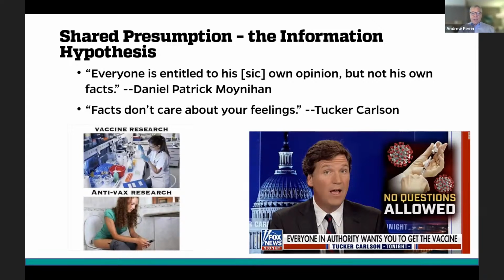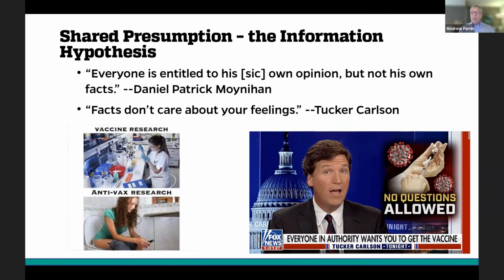Right, so this is a shared presumption. And again, I want to argue that the evidence from social psychology and political psychology suggests that this is actually not true. And that in trying to work so hard to engage with questions of correct information, we actually miss the opportunity to have better arguments online.